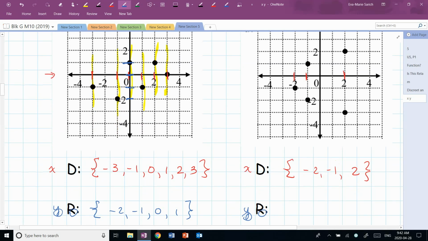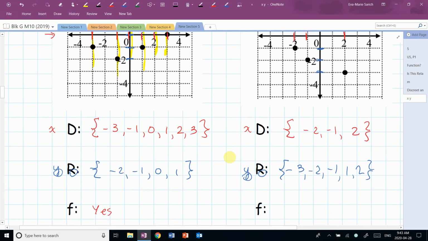Remember, tail and tail for range, and those are going up and down. So start with our lowest. We're at -3, -2, -1, 1, and 2. Commas between them in those curly brackets.